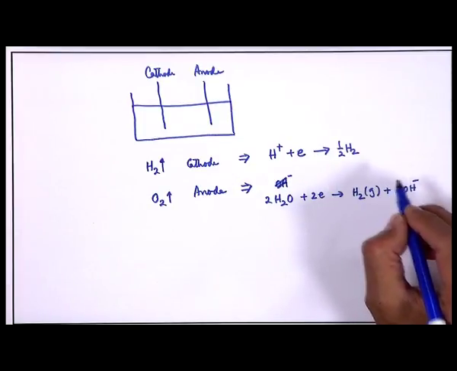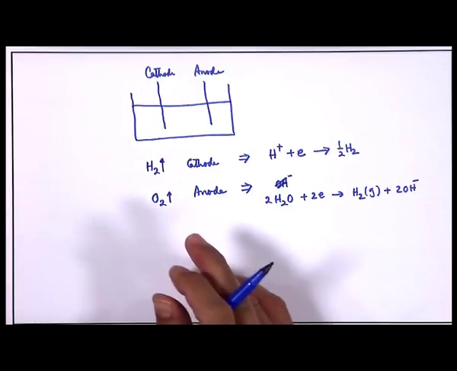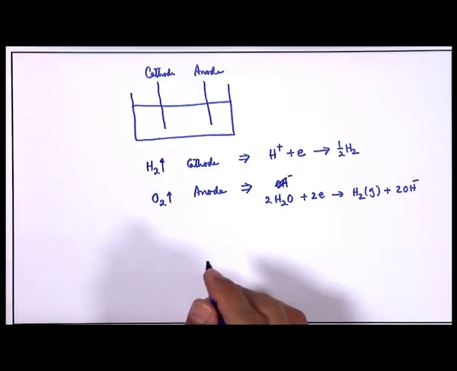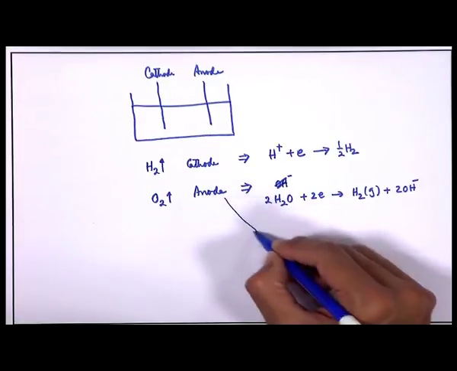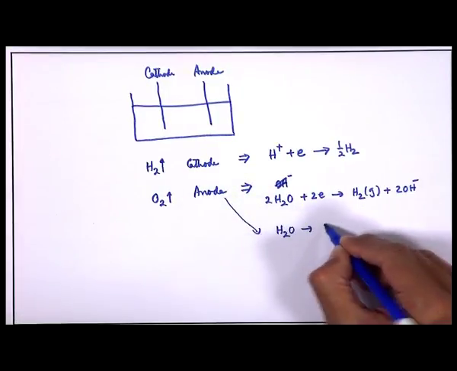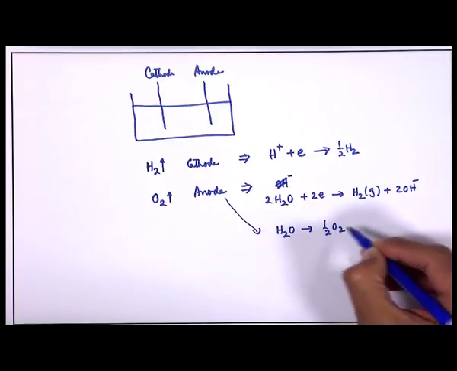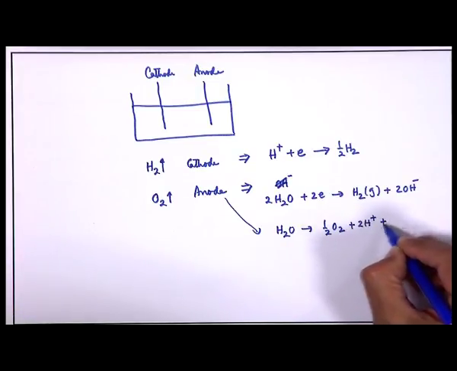And whenever you consider oxidation, or say the other thing, then for H 2O, you can write H 2O will get you half O 2 plus 2 H plus 2 electrons.